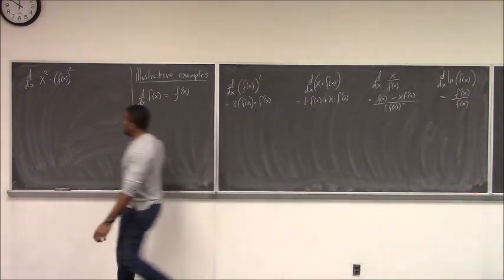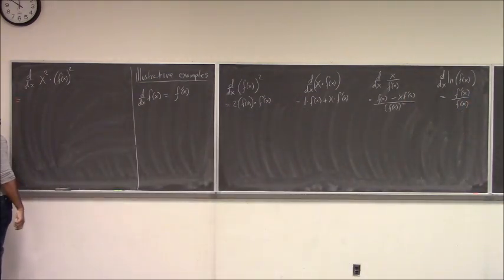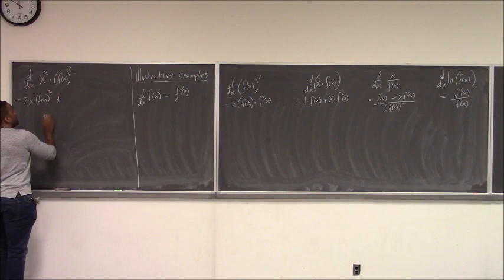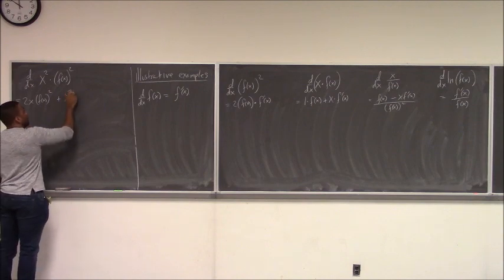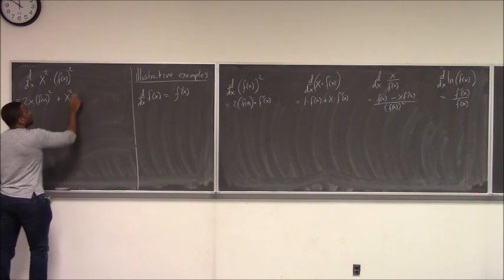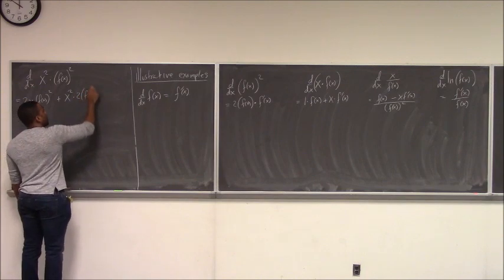What about this one? 2x times f of x squared, plus x squared times 2 f of x times f prime.